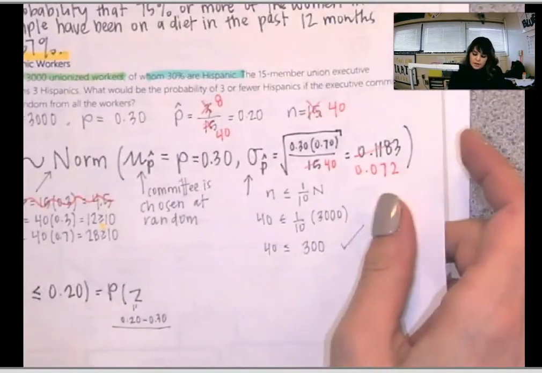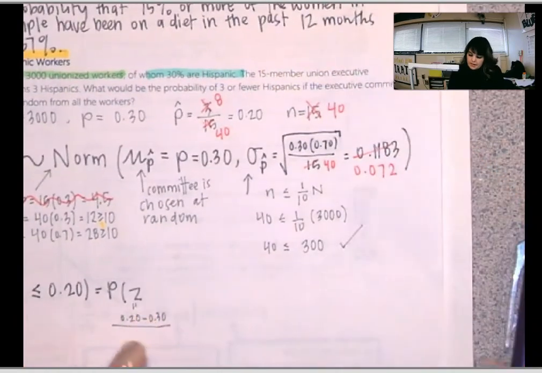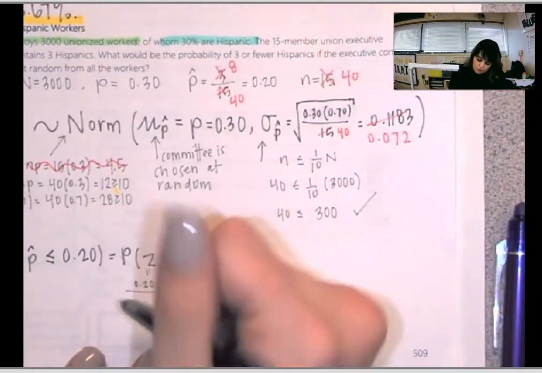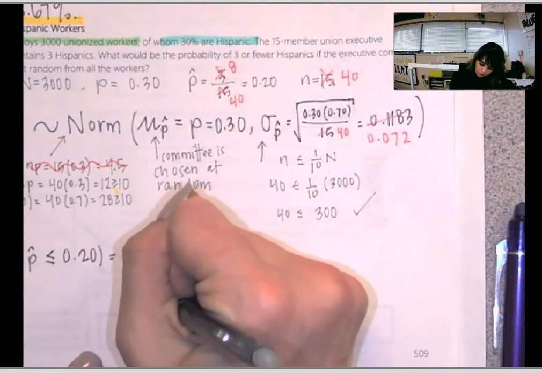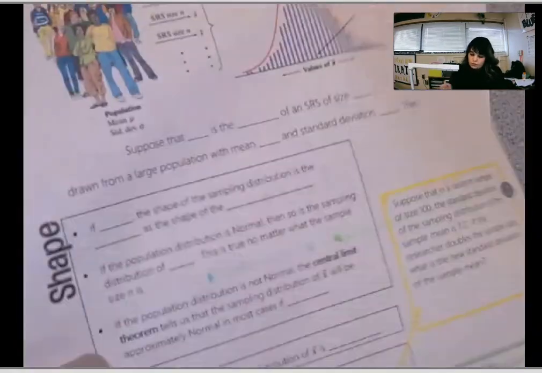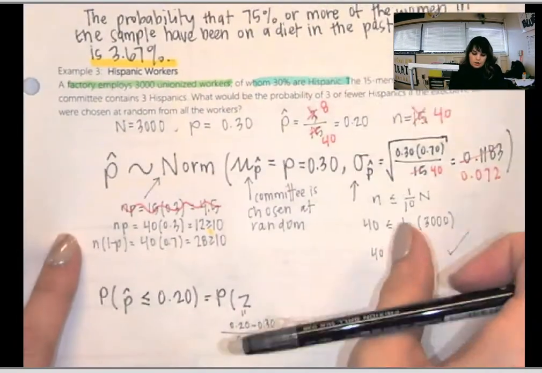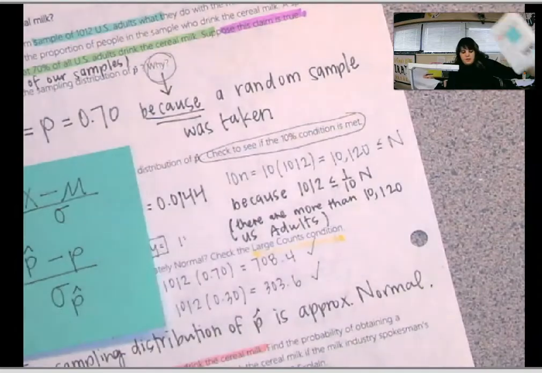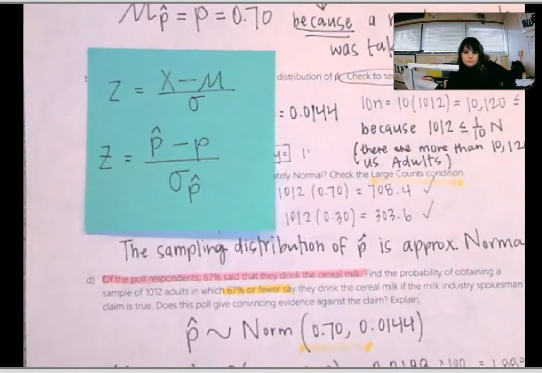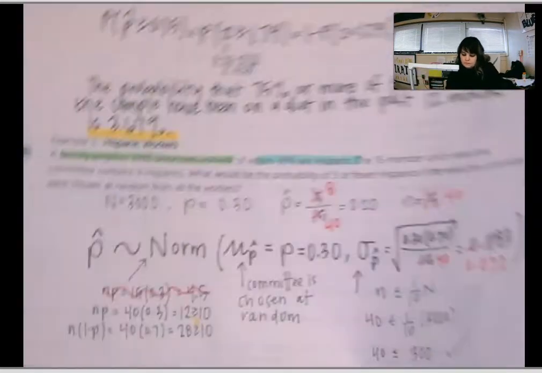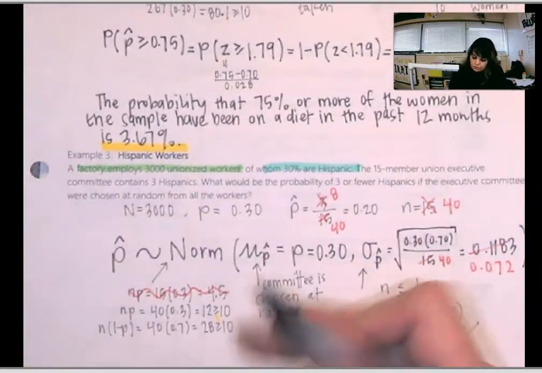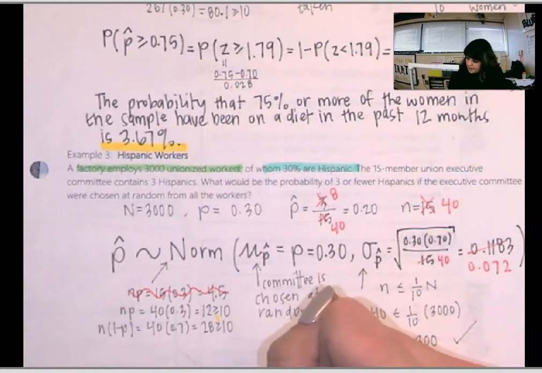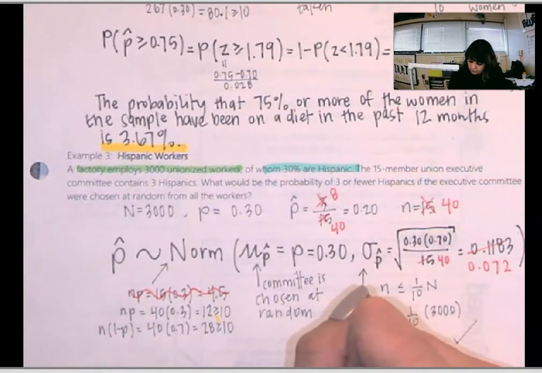Just as a reminder, where am I getting the calculation for my z-value? That post-it note on our notes, sorry family, this post-it note. Okay, this gives us a z-value of negative 1.38.